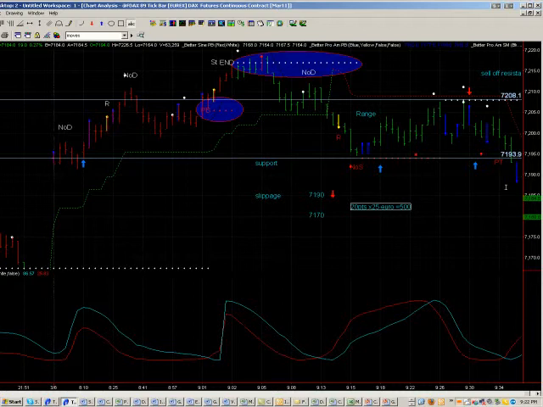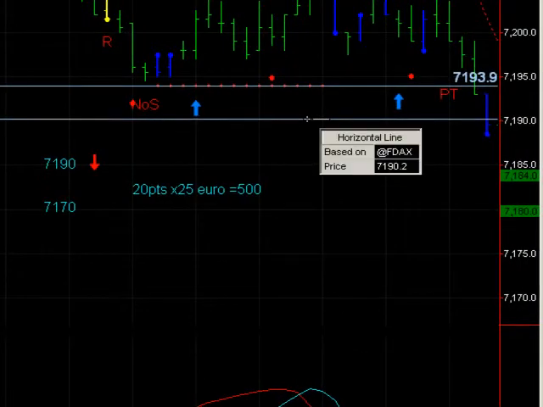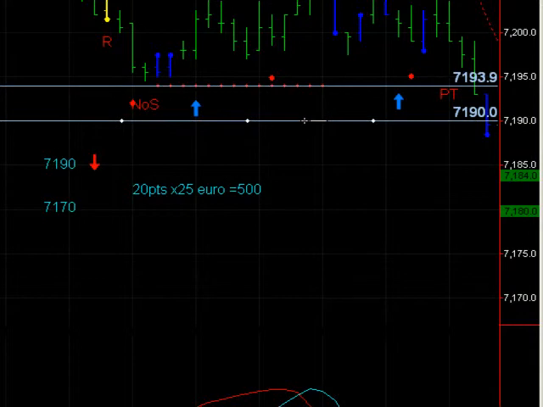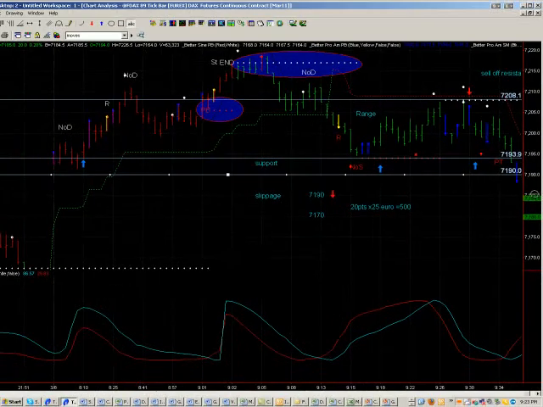So what we're going to do as part of our example trade tonight is we're going to work an order. We're going to sell, because we know that once support and resistance set up, so once we've got resistance overhead and support below, eventually at some point during the day this area is going to break and we're going to get a trade.